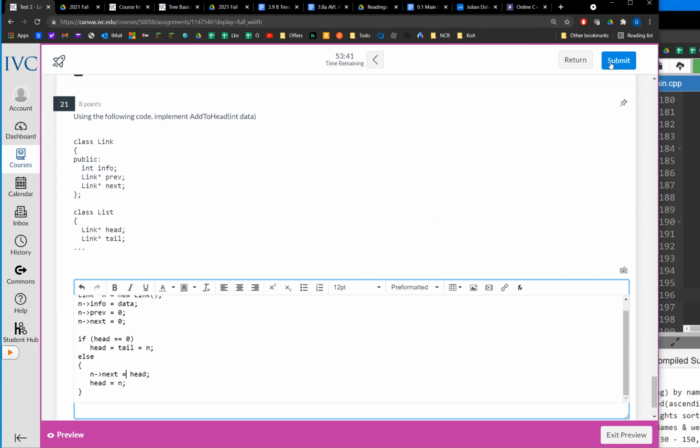Oh, I need to do a drawing because I'm starting to lose my brain. We have a node. It's 15. It points nowhere. And I want to create my new node. So this is head. All right, now I think my brain's working.